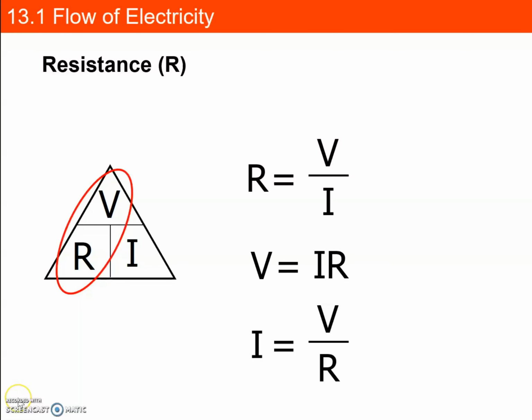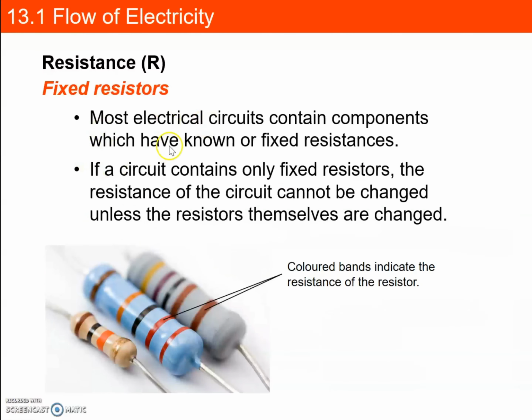Now, most electrical circuits contain components which have known or fixed resistances. We call them fixed resistors. This photograph shows some examples of fixed resistors. Each one of them has different colored bands that indicate the resistance of the resistor.